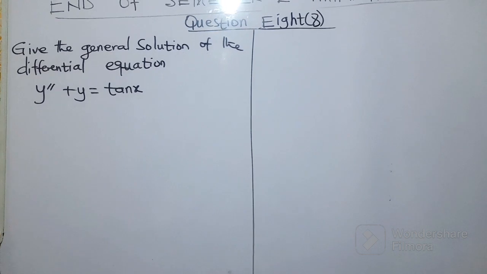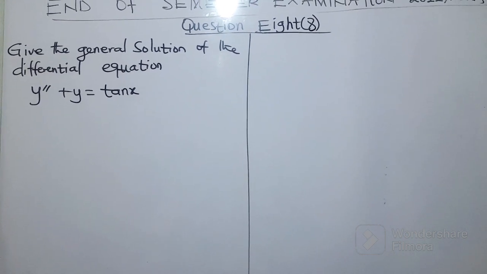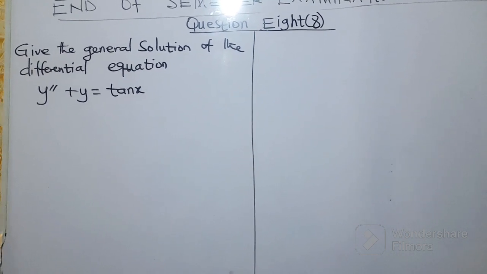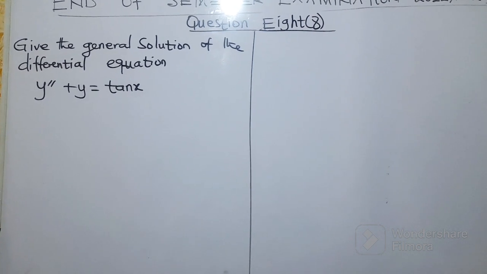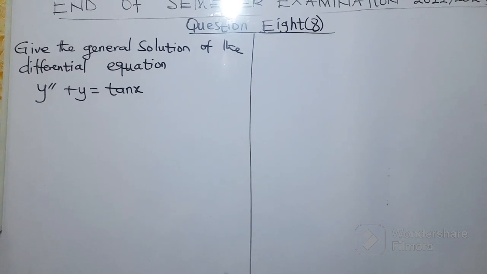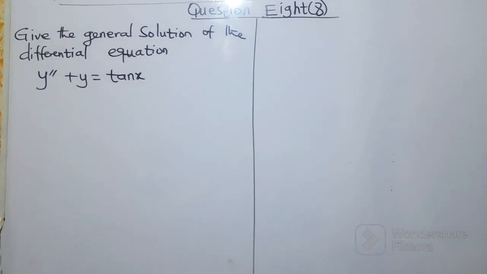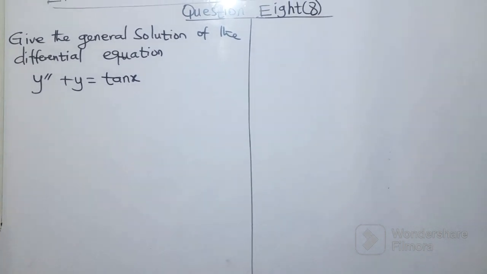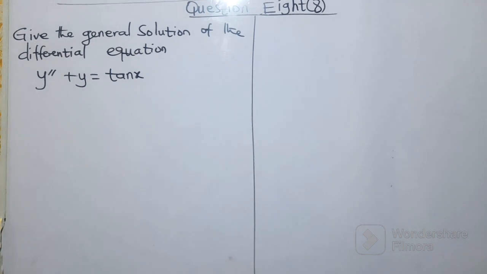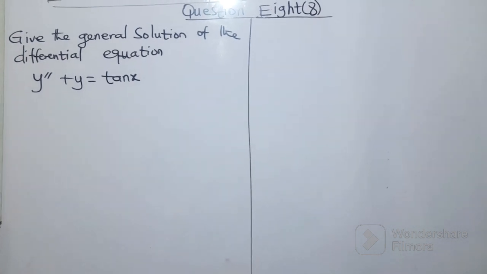So it is non-homogeneous. Also, anytime we are faced with a non-homogeneous differential equation, there are 3 methods that we use to solve it: the method of undetermined coefficients, variation of parameters, and the D operator method. In this problem, I'm going to use the method of variation of parameters.